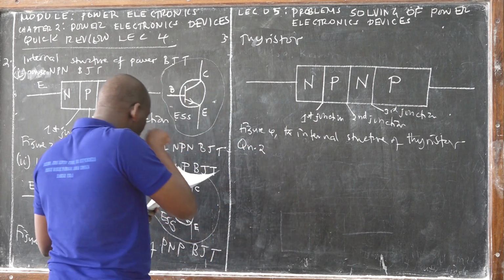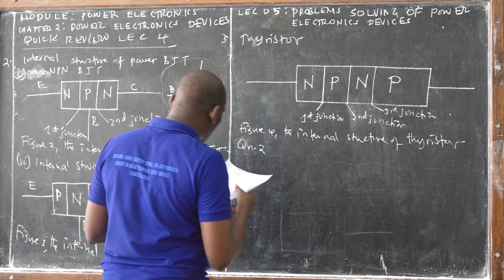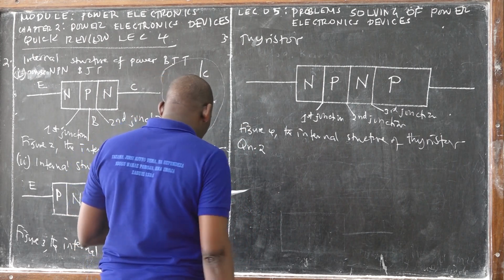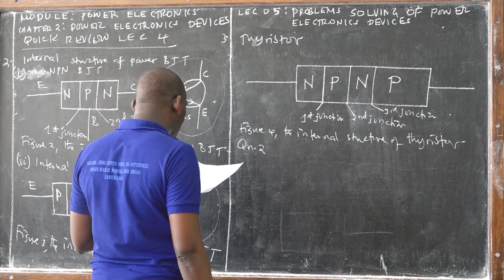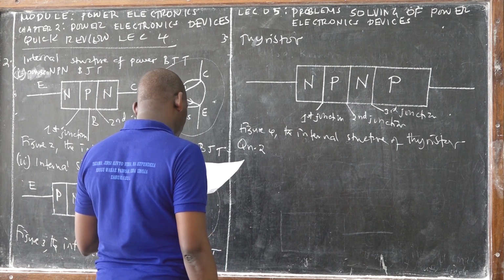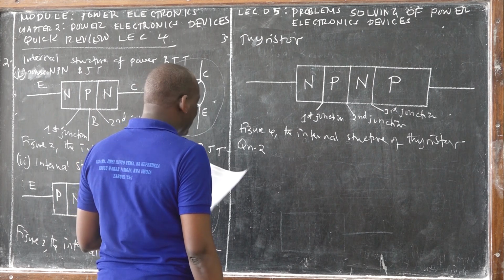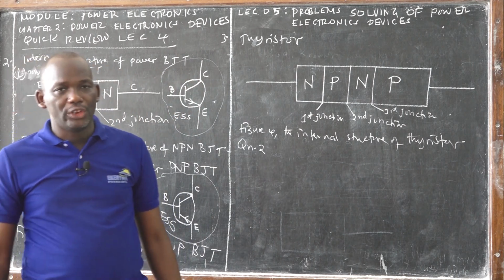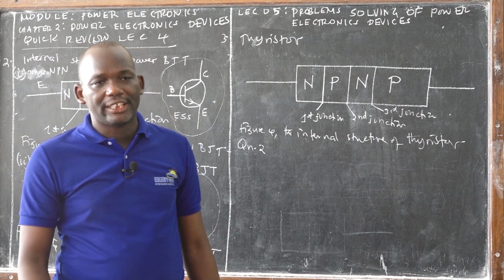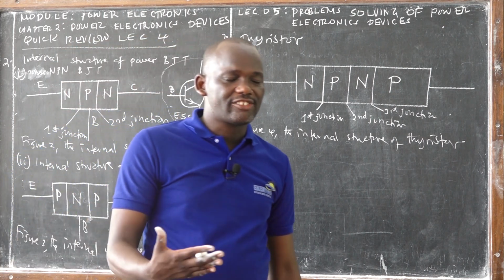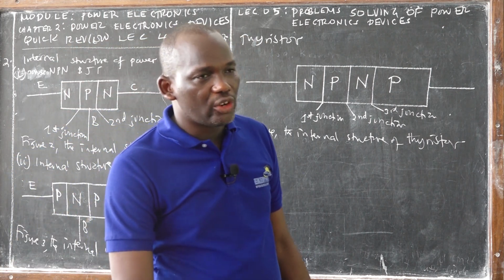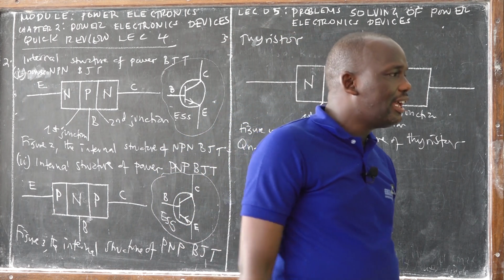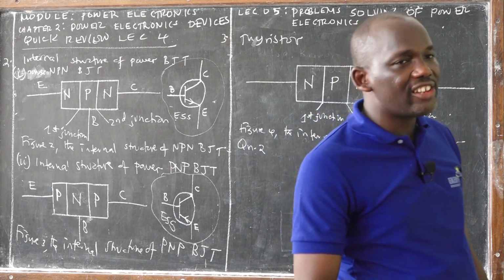Question 2, you may be asking something. We discussed power bipolar junction transistor, and also MOSFET. During our discussion, we said that nowadays we don't have many applications of bipolar junction transistor in power electronics because it has been replaced by the insulated gate bipolar transistor.